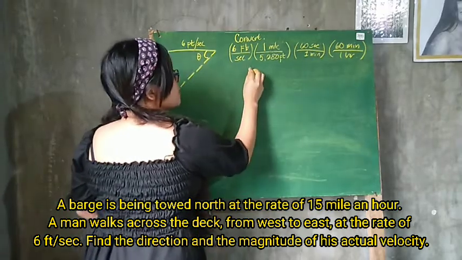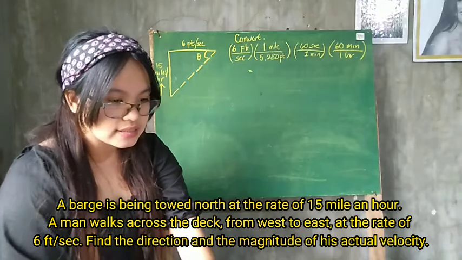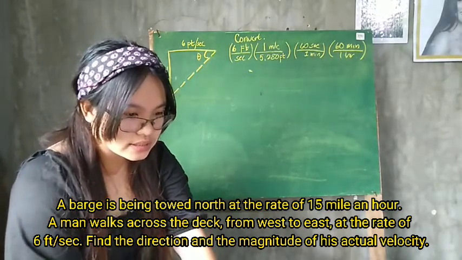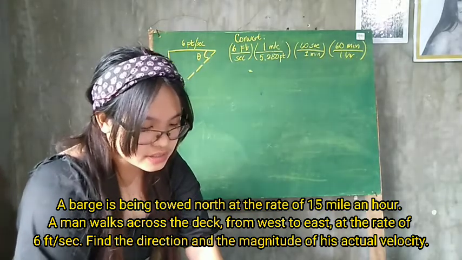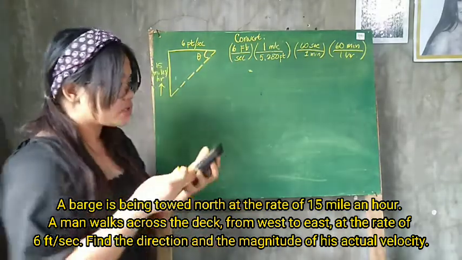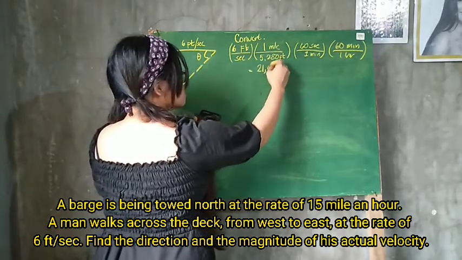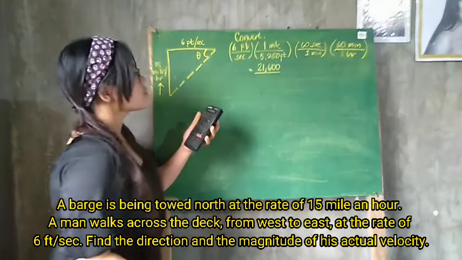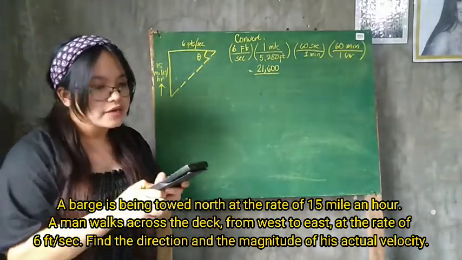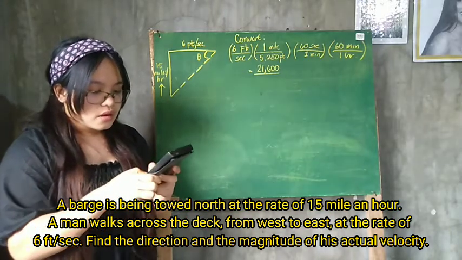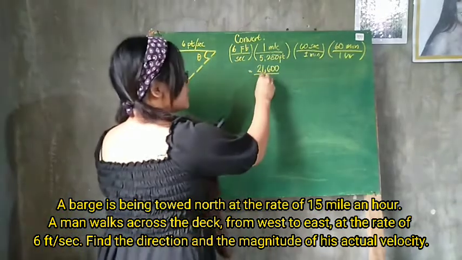If we multiply all the numerators, we will get 6 times 1 times 60 times 60, so we have 21,600, over all the denominators, 1 times 5,280 times 1 times 1, so we have 5,280.